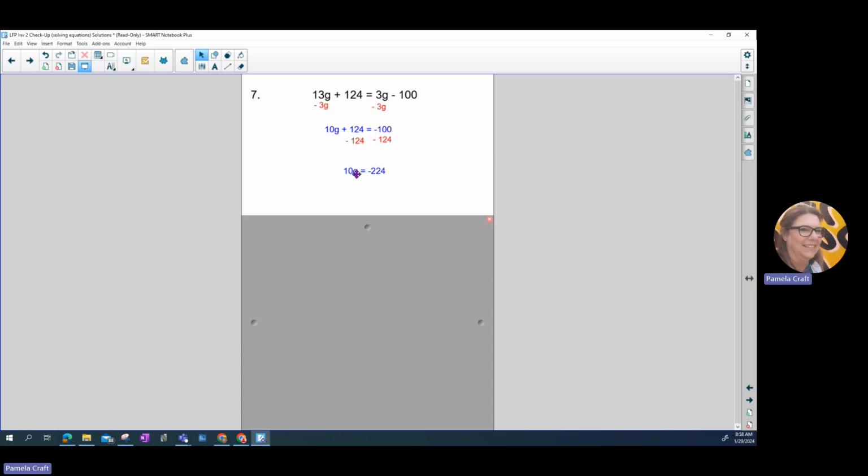And that 10 next to the G means multiplication. To undo it, we divide. I'm going to divide both sides by 10. And I get 1G is equal to negative 22.4.